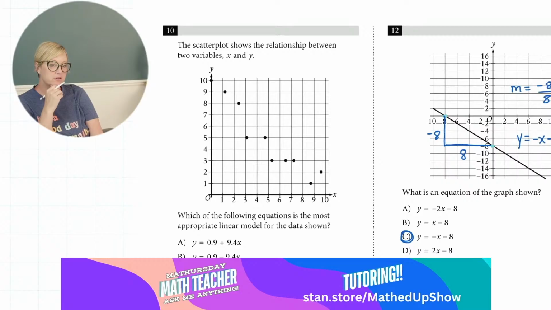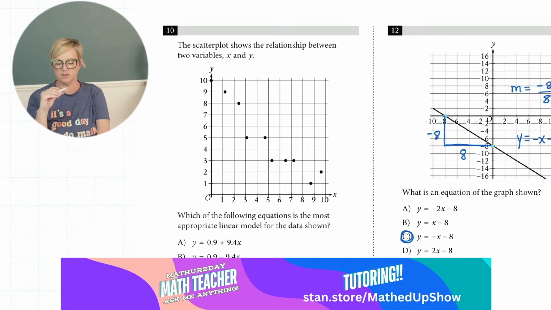Yeah, so slope-intercept form is y equals mx plus b, and these are confusing because they have flipped the order, right? So you have to be careful about that. And that's something that teachers will do to make sure that you understand that the number that's with the x variable is the slope, right?